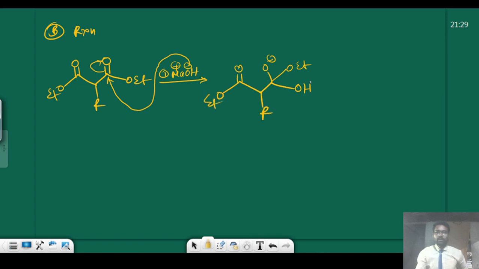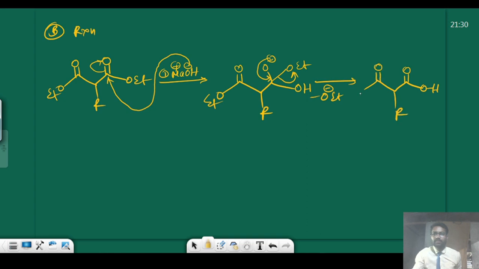Now again this will come back like this. OH is a weak leaving group. OEt minus will leave the reaction, and there is a formation of this particular carboxylic product.